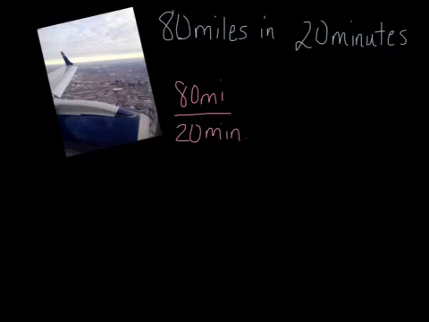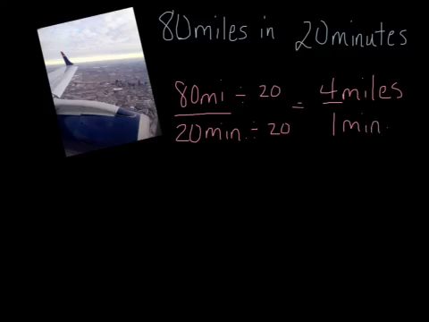Now, 80 and 20 have a common factor of 20, so we can go ahead and divide both the numerator and the denominator by 20. 80 divided by 20 is 4, and 20 divided by 20 is 1. So this plane actually travels 4 miles for every minute that it was going to Pittsburgh.